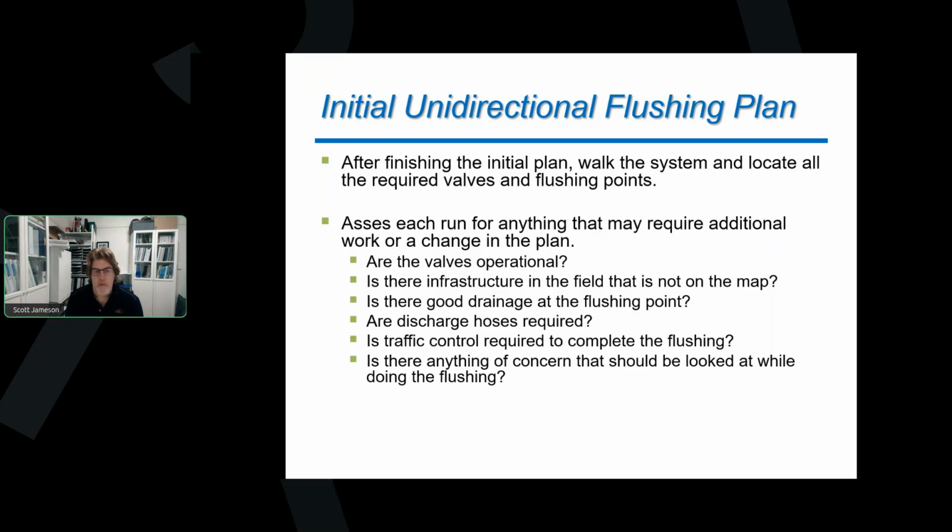The drainage around that flushing point I want to use is terrible, right? This is not going to work for me. Before I'm going to be able to finish the flush of my main, I'm going to have to shut down because I'm going to be flooding out a yard or whatever it happens to be. And I might have to go back and try to make changes to my plan, right?